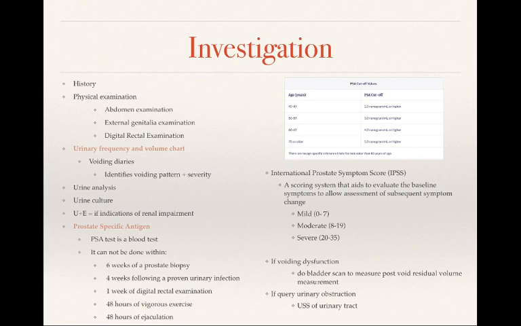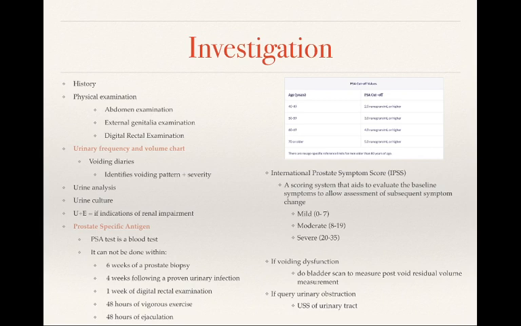So PSA test is a blood test that measures the amount of prostate-specific antigen in your blood. PSA is a protein produced by normal cells in the prostate and also by prostate cancer cells. It's normal to have a small amount of PSA in your blood, and the amount rises slightly as you get older because the prostate becomes larger.